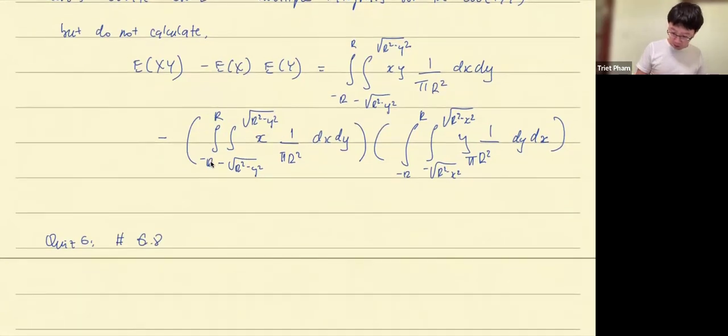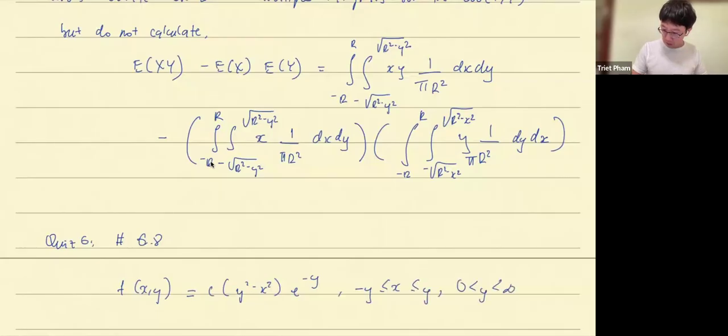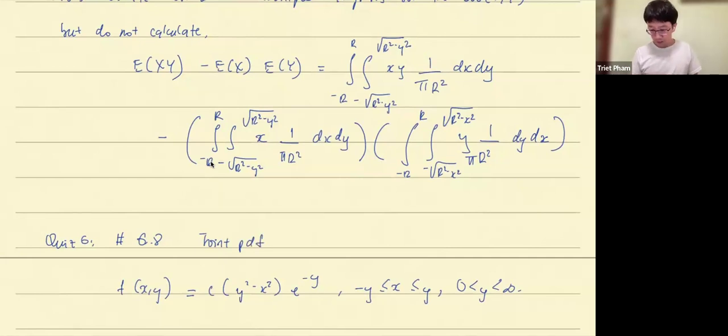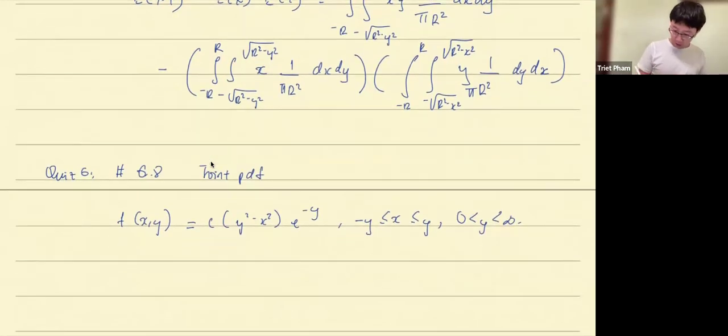They give you a joint density, which is like this. So the joint PDF. Part A, find C.